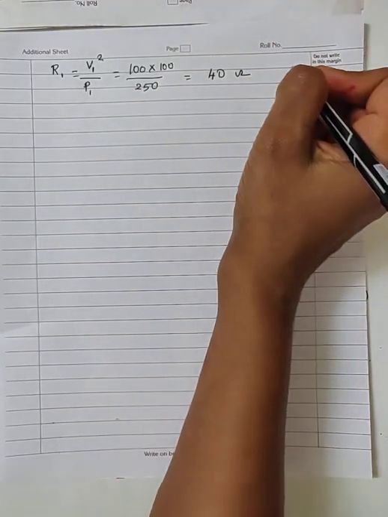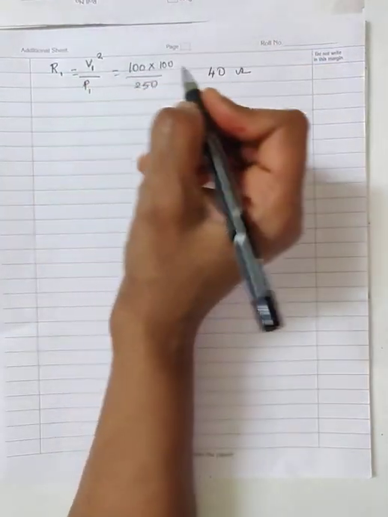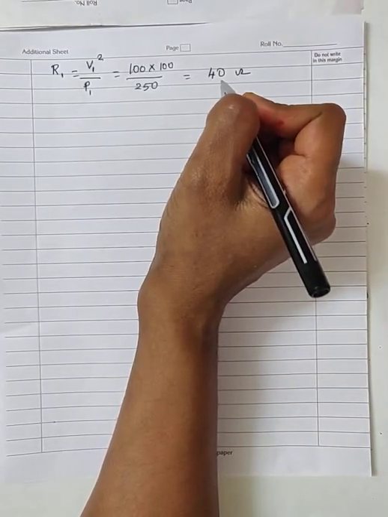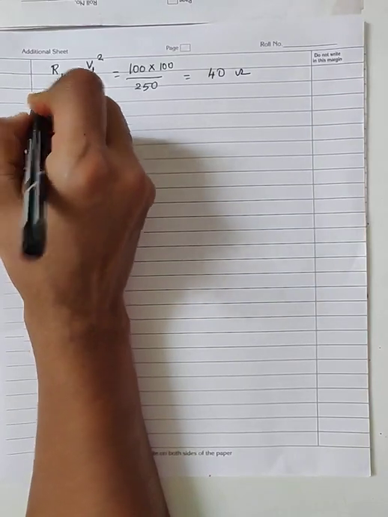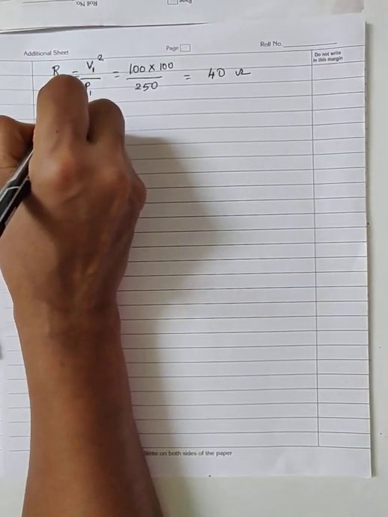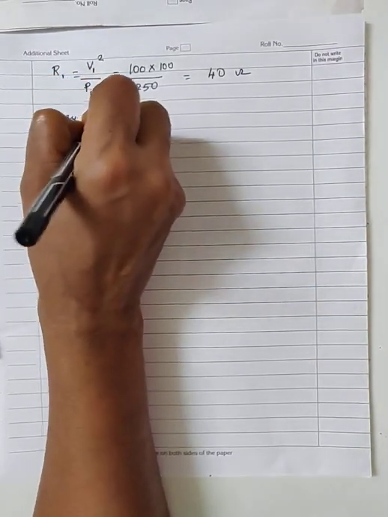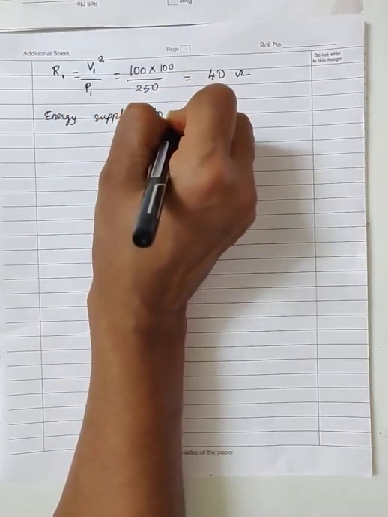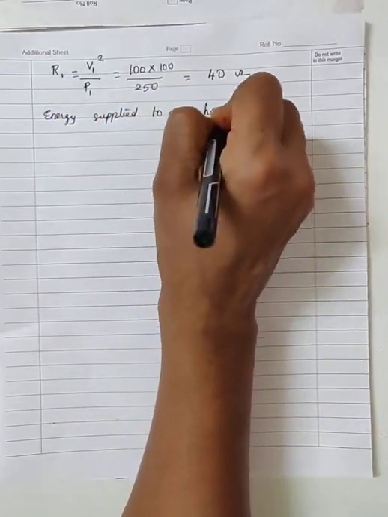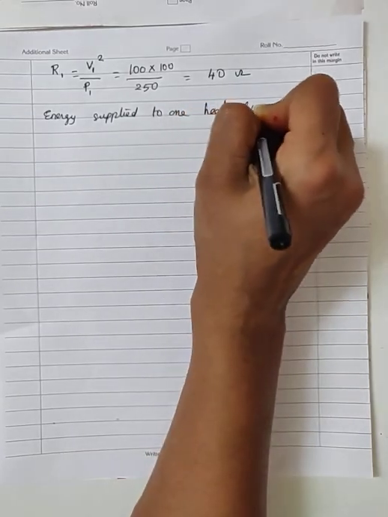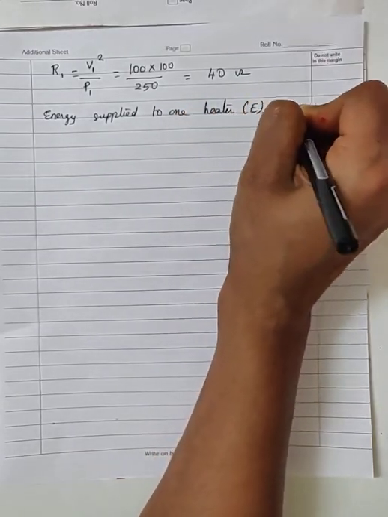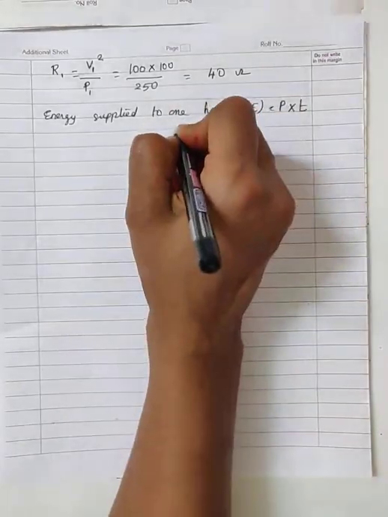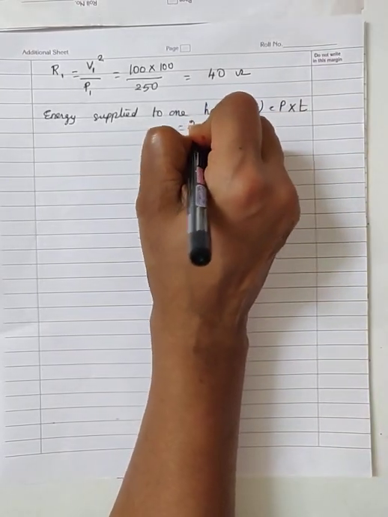The power supplied to one of the heaters is equal to 250 watt. The energy supplied to one heater we have to calculate. That is, we can write energy supplied to one heater, E is equal to P into T. P is given as 250 watt.